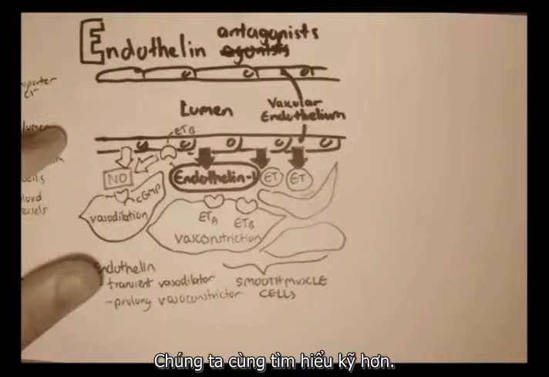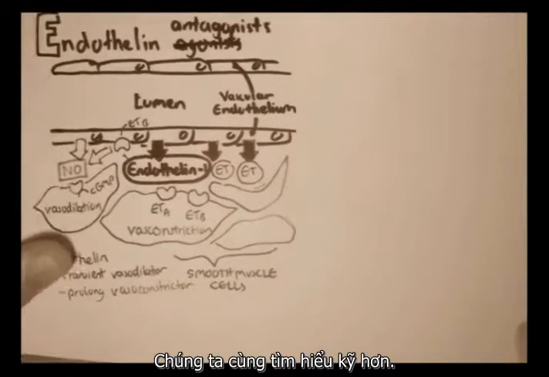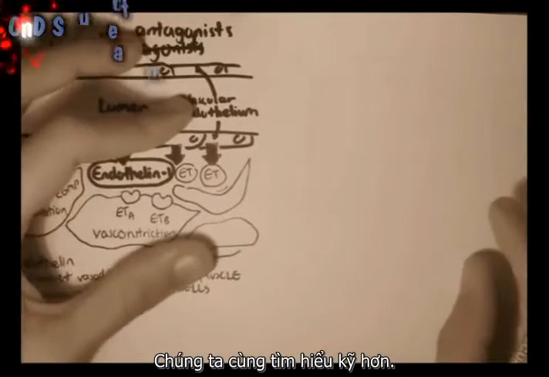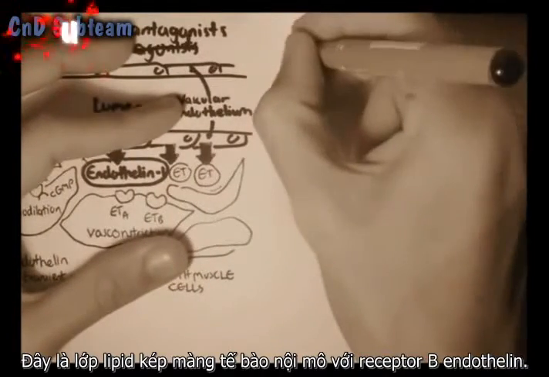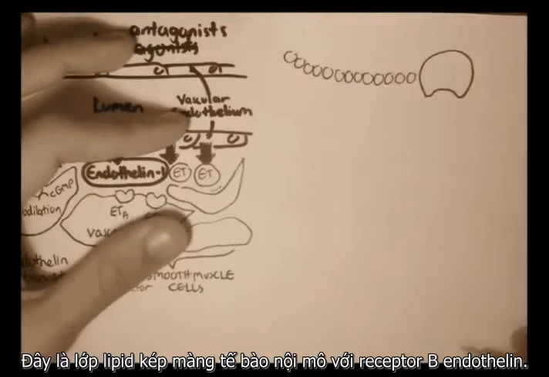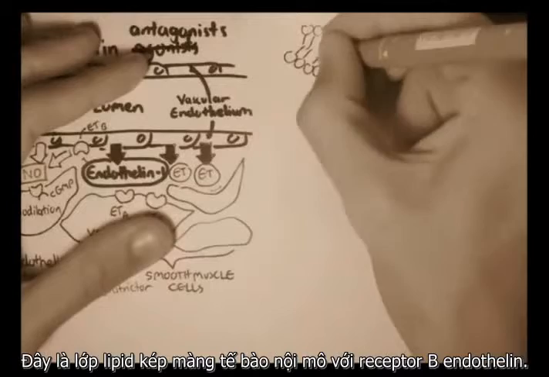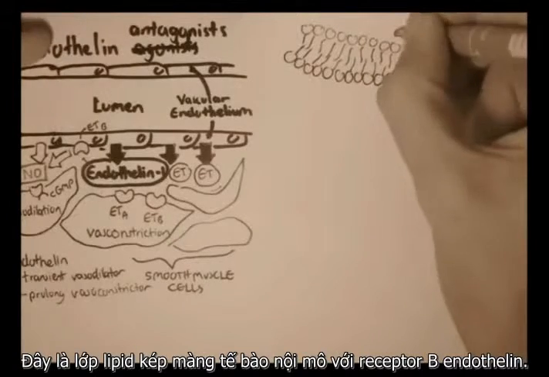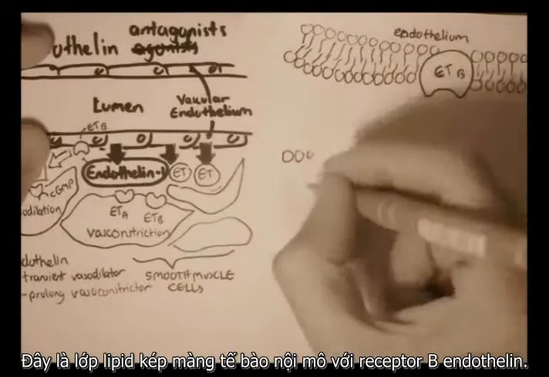We'll just look at it more closely now. Here we have the single cell membrane lipid bilayer of the vascular endothelium cells, with the endothelin B receptor.